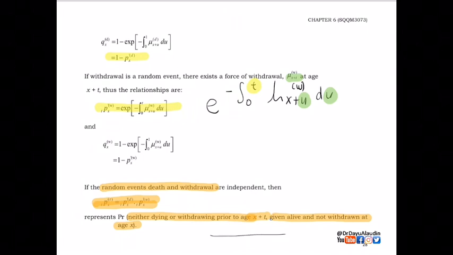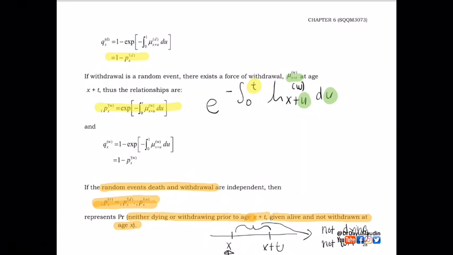If we draw the timeline, they must be alive until here, and also the probability is constant on x to x plus t, which is the individual not dying and not withdrawing, with the condition of surviving until age x.